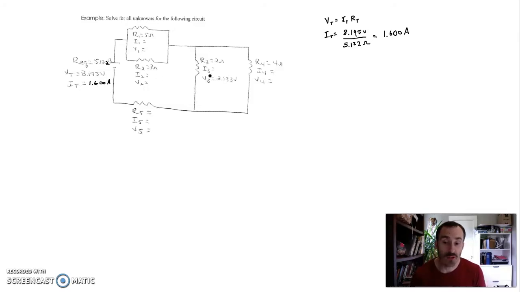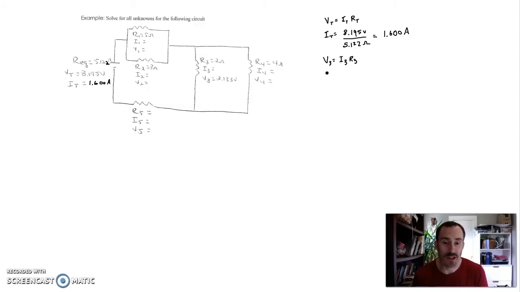Now I'm also going to fill in I3 over here because I see that that's another piece that I can get using V equals IR. So V3 equals I3 times R3.